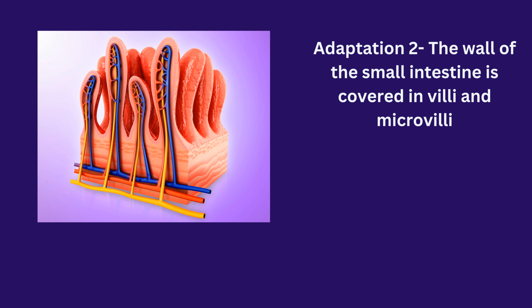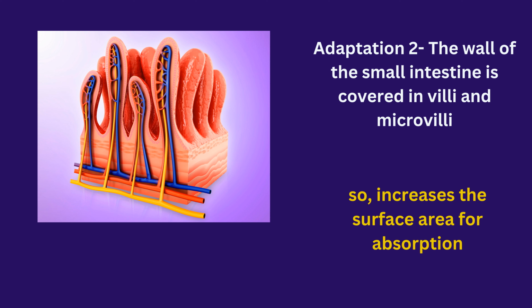So to your left is a diagram representing villi, and microvilli would be smaller villi that are found on this main villi. And what does that do for the small intestine? It increases the surface area for absorption. So there is more space for nutrients to leave the small intestine to get to the blood. Remember, the aim is to get the nutrients out of the small intestine and into the blood before they get down into the large intestine.